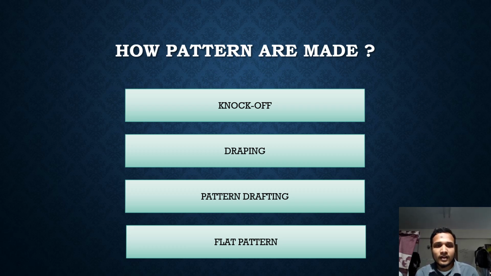And pattern drafting: using measurements to create a sloper pattern. And flat pattern: manipulating a previously developed sloper pattern to create a design pattern. That's all about my presentation. Now the next slide continues with Mehedi Hassan.